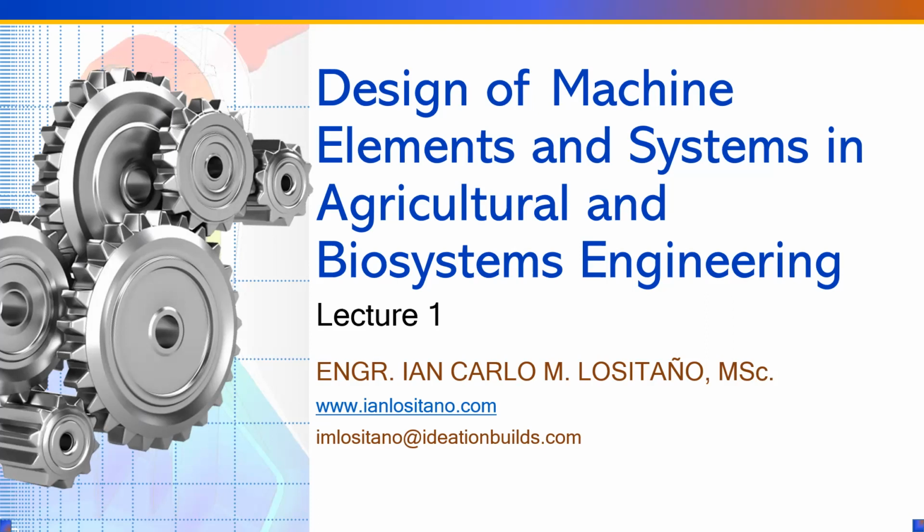Now, this course is going to be a hands-on course that would deal with the design of machine elements and systems that are intended for use in agricultural and biosystems purposes. And while we'll be first dealing with the design theory, the design proper will commence immediately.